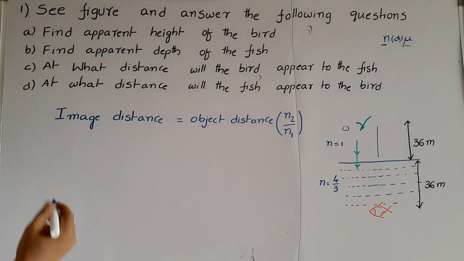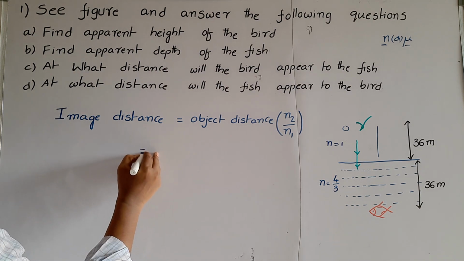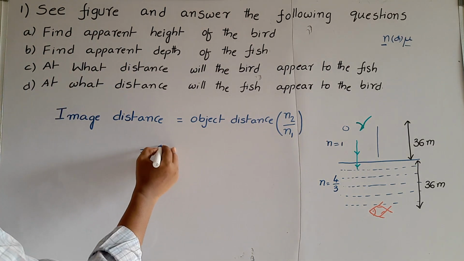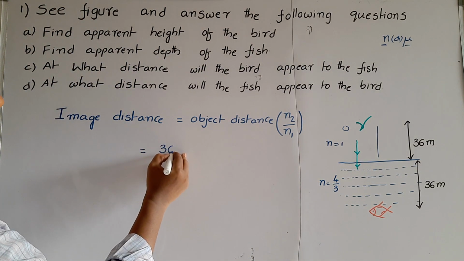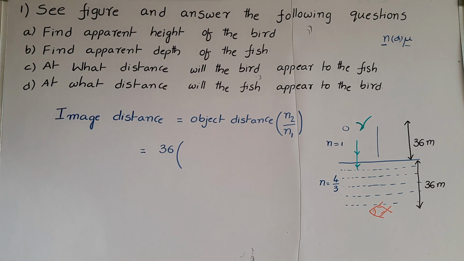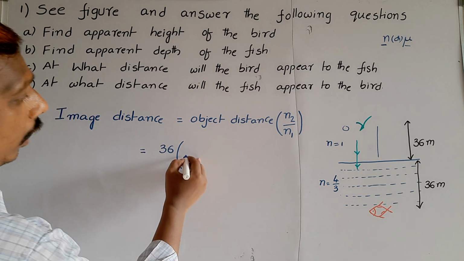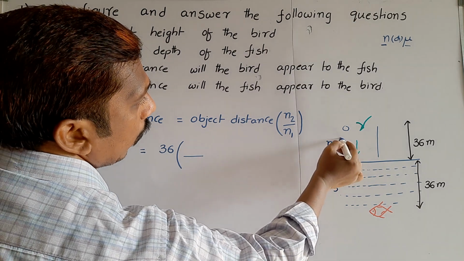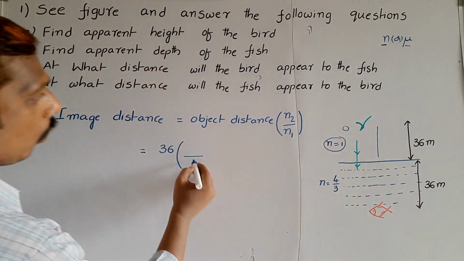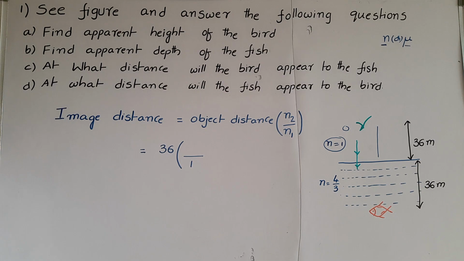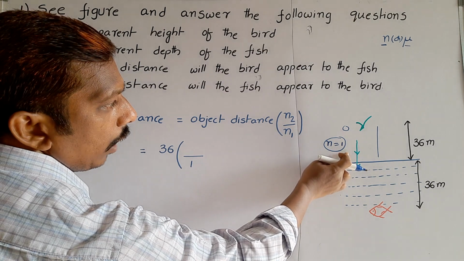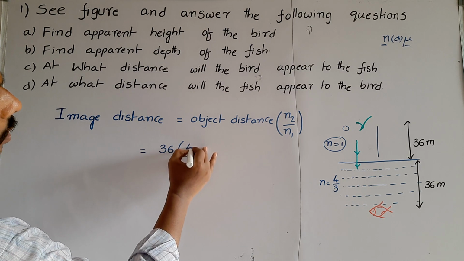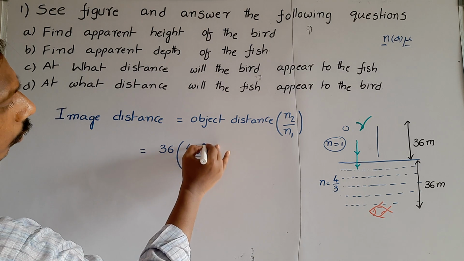Here image distance is equal to object distance from the free surface of water, which is 36 meters height, into N1, the refractive index of the medium in which the light ray travels first. Light first travels in air, where the refractive index is 1, so N1 is equal to 1. Next it enters water, whose refractive index is 4 by 3.